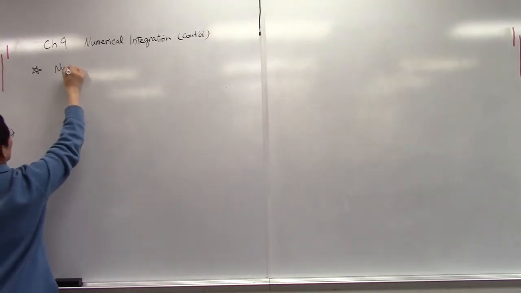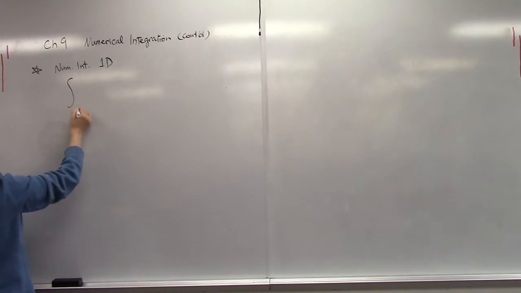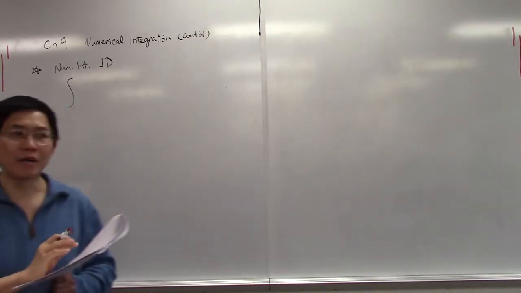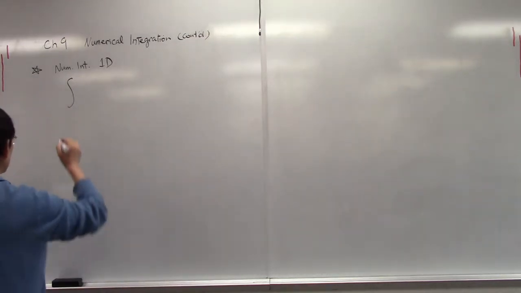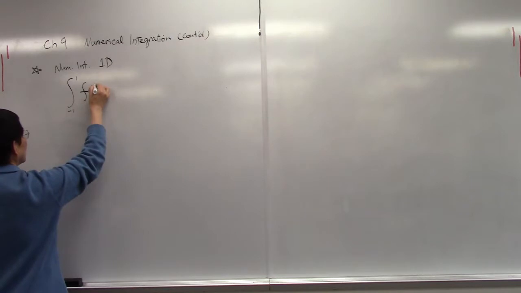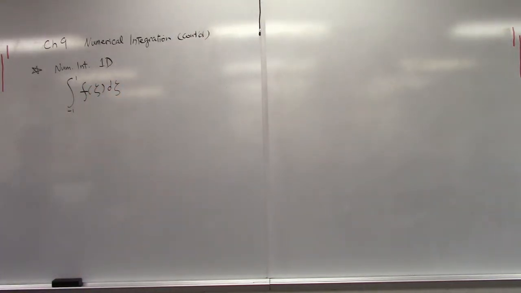Numerical integration in 1D. So essentially, let's assume we already transfer everything into the natural coordinate. So the integration is from -1 to 1, and then function of theta, and then d theta. And the concept is very simple.